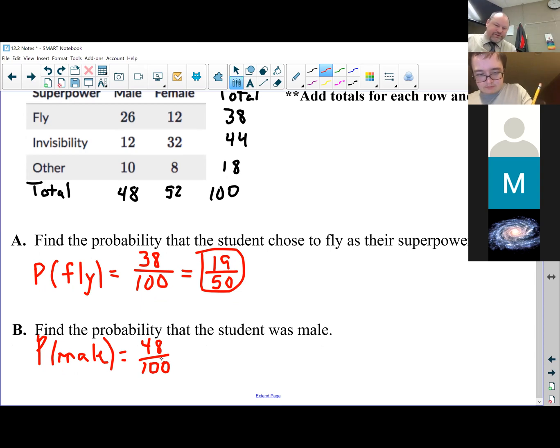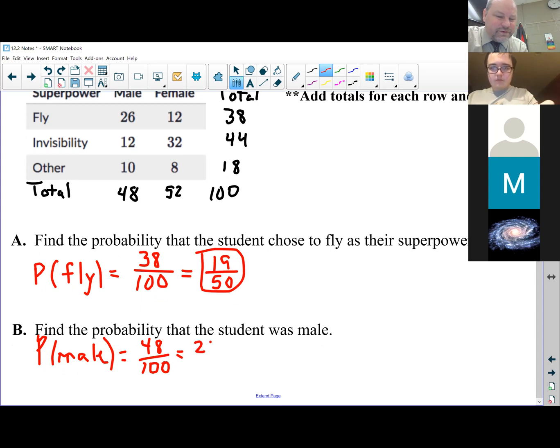Does that reduce? Yes. Okay, by what? By 2, 24 over 50.